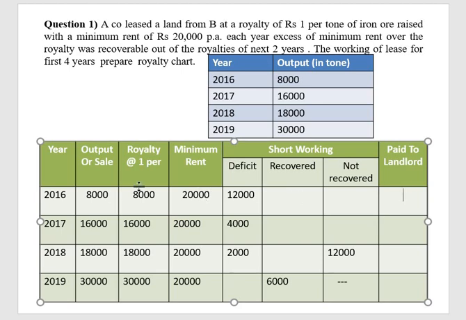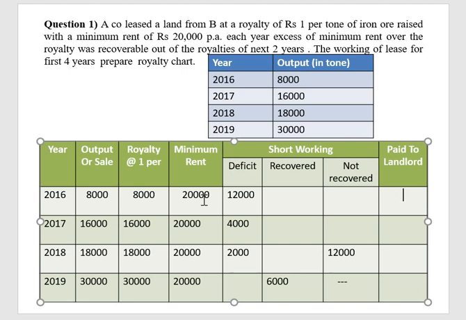Once again, I have to pay 8,000 royalty, but the agreement is a minimum of 20,000. So if royalty is less than minimum rent, the minimum rent is payable to the landlord.